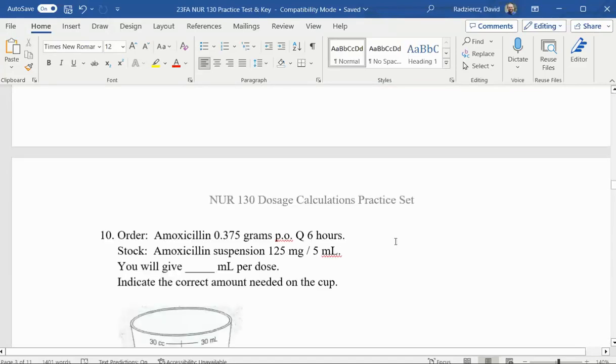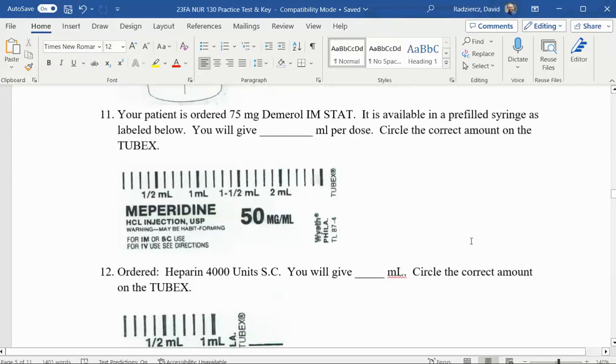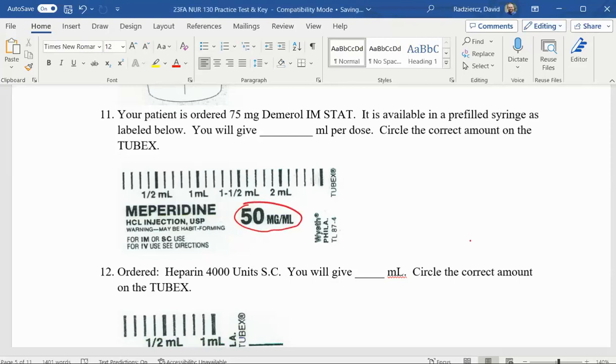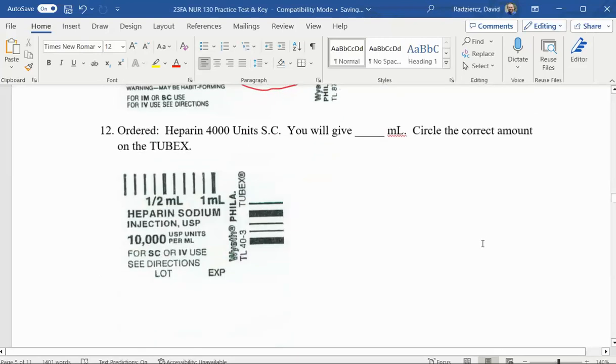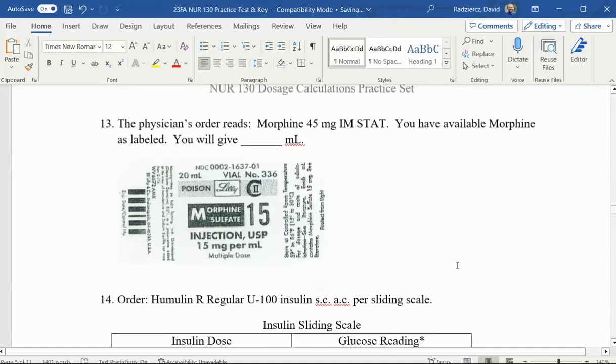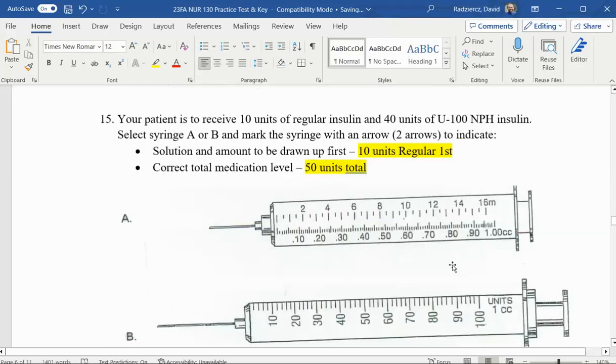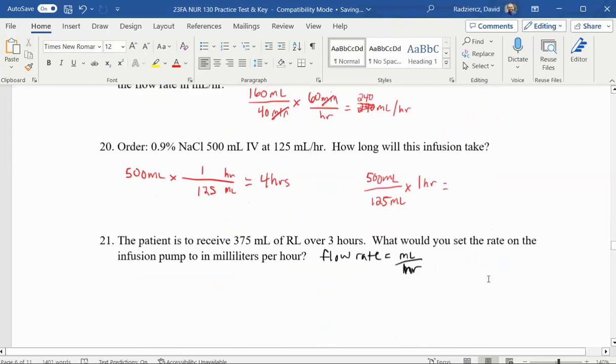For something like meperidine, it's available at 50 milligrams per milliliter. Same thing for heparin, 10,000 units per milliliter. For morphine, 15 milligrams per milliliter. So I'm just giving you some examples.